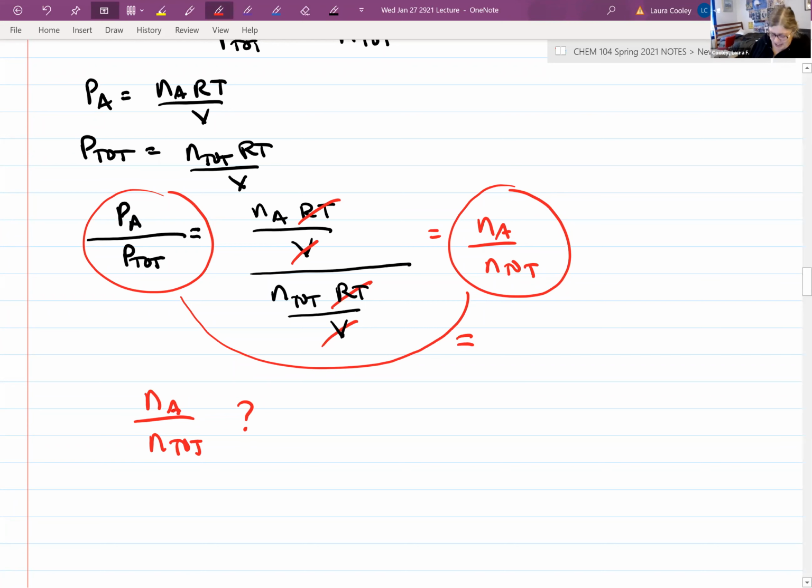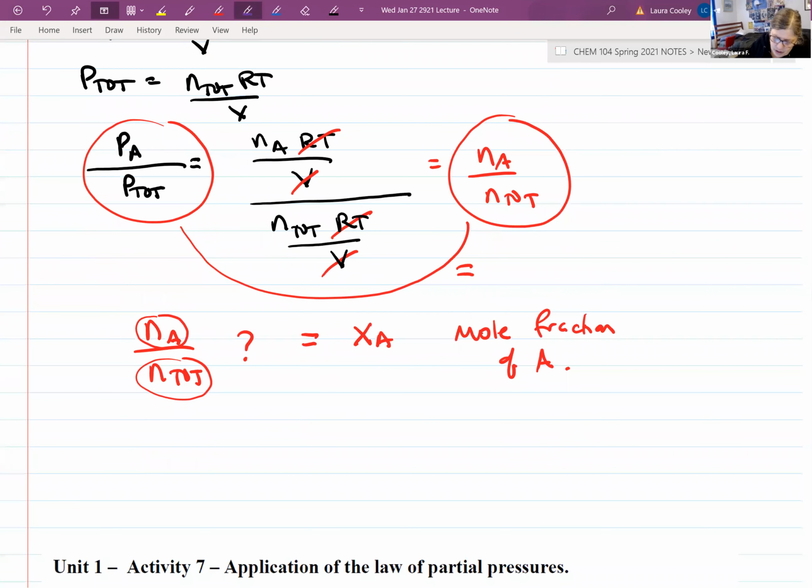But you can see that this is a fraction of moles that's due to A, right? It's the number of moles of A divided by the total. And we call that the mole fraction of A, okay? So that means that the ratio PA over P total is equal to XA.